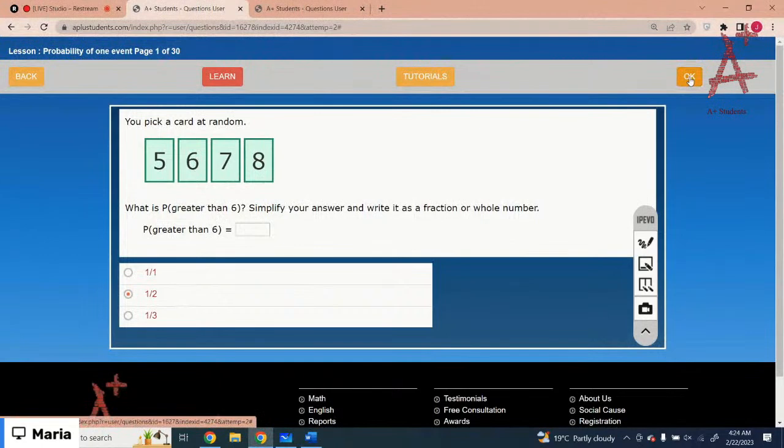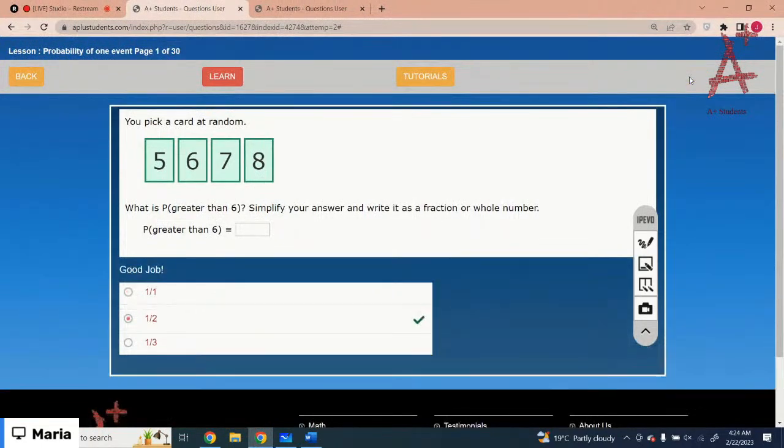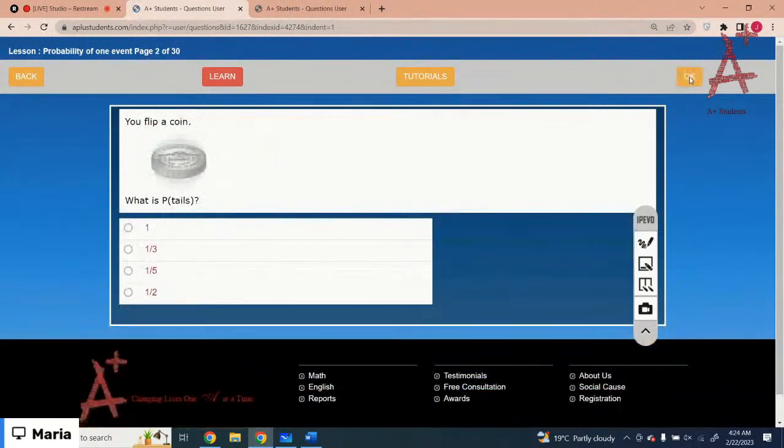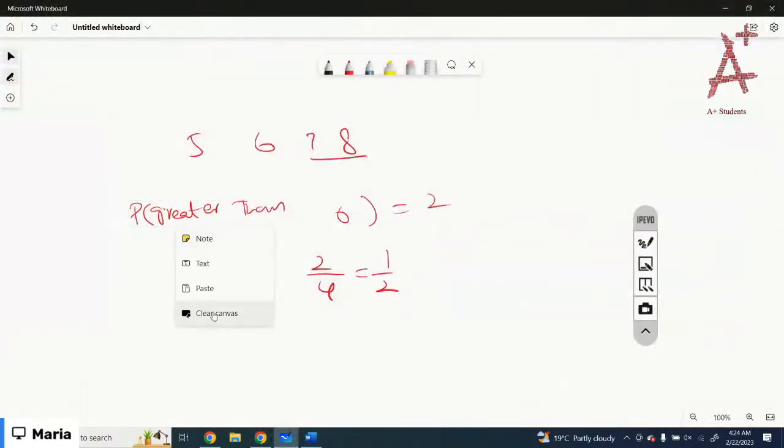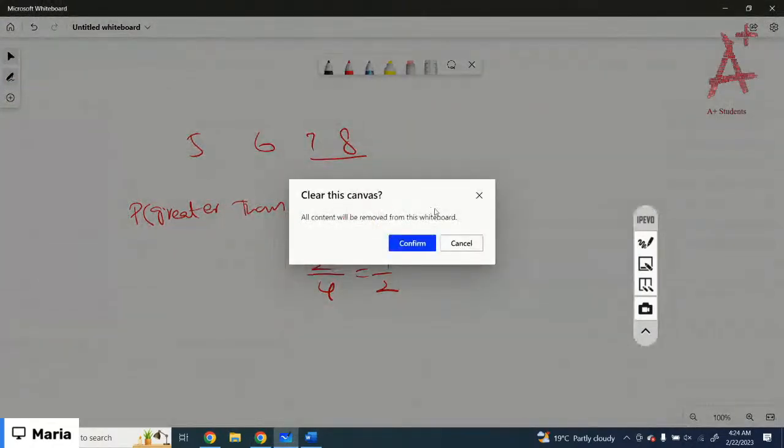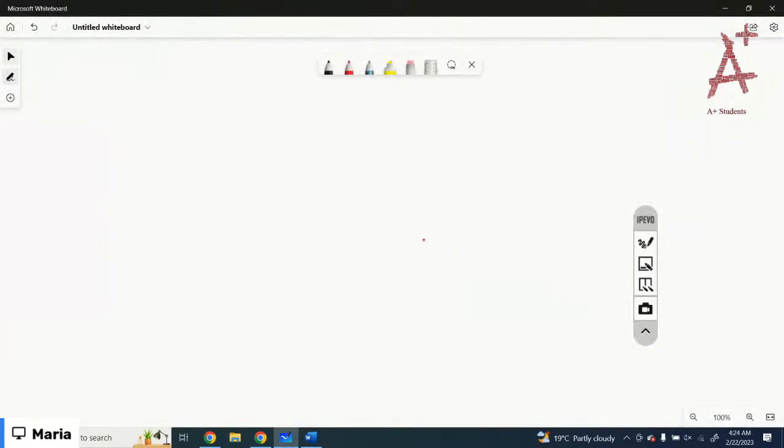Okay, the next one is: you flip a coin. What is the probability of getting tail? When you flip a coin, you have just two options. Either you get head or you get tails.